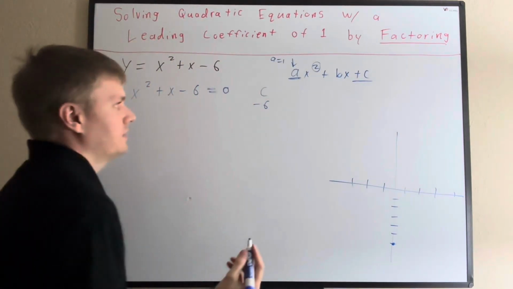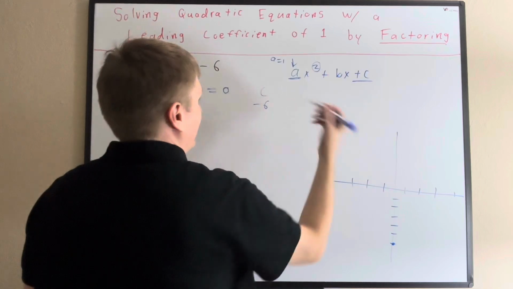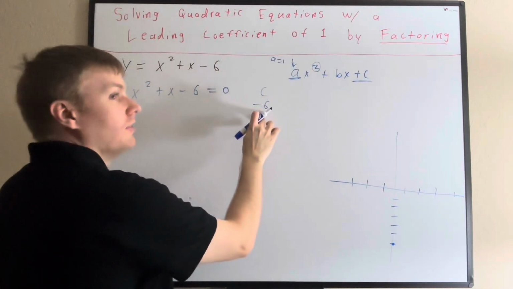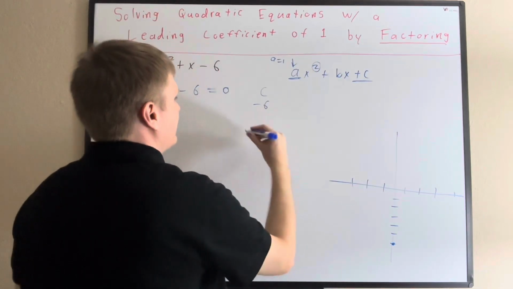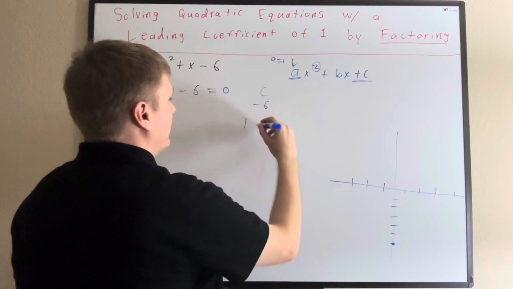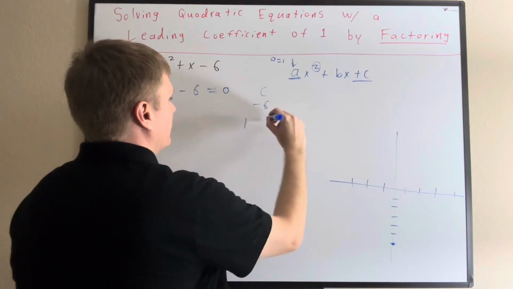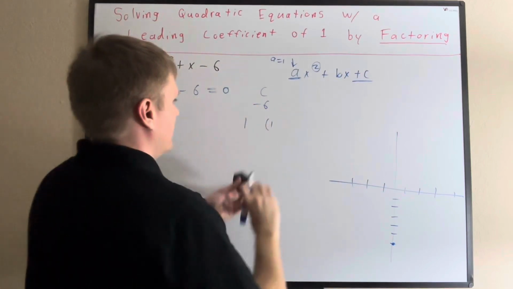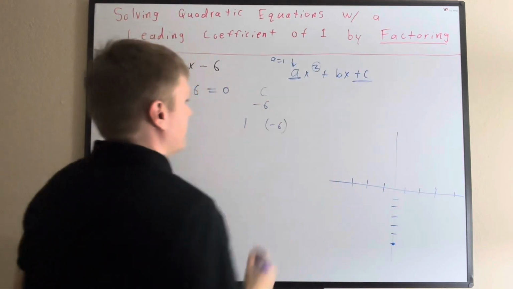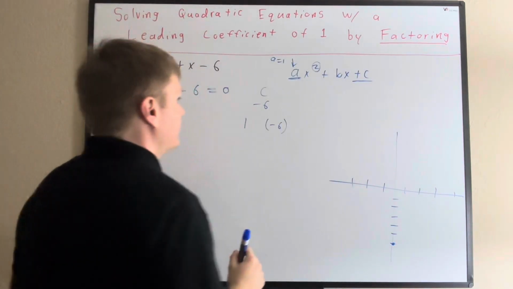Okay, what are the factors? What are factors? Any numbers that multiply together to get that number. So negative 6, what multiplies to get negative 6? Well, you can multiply it by 1. So 1 and negative 6. And I'll get to why I'm listing all these right now.